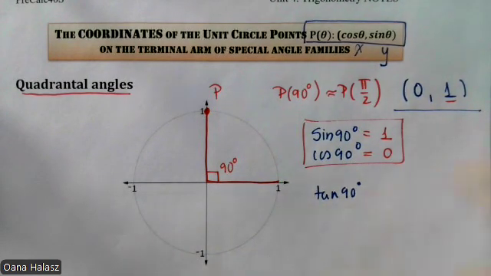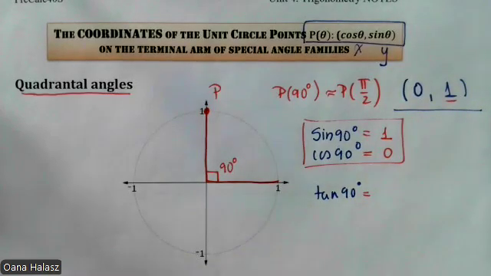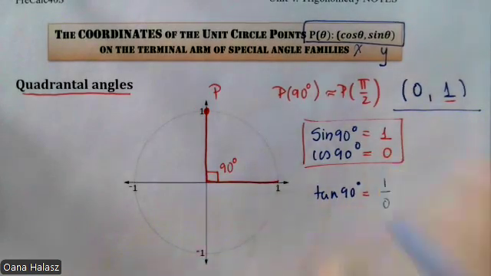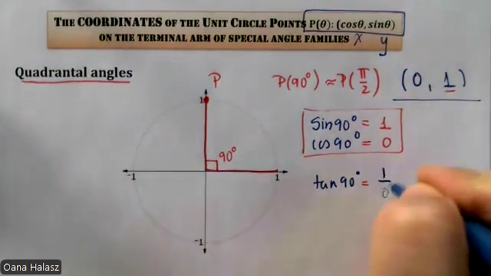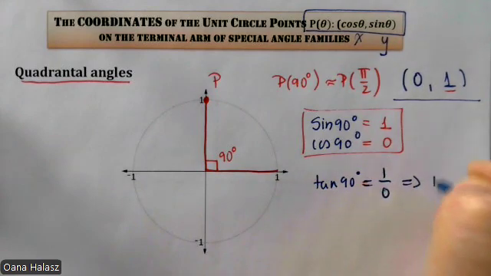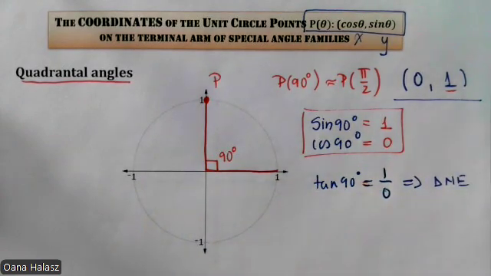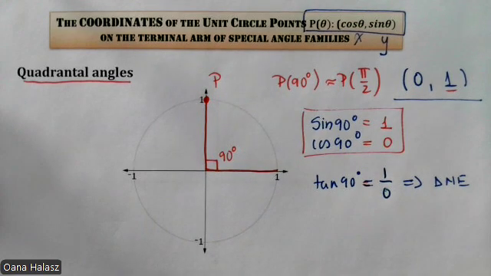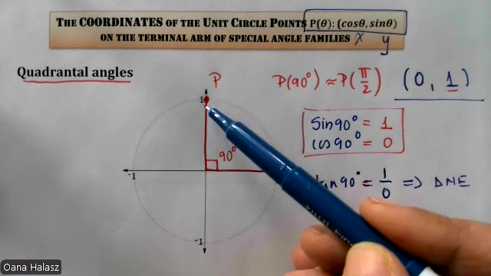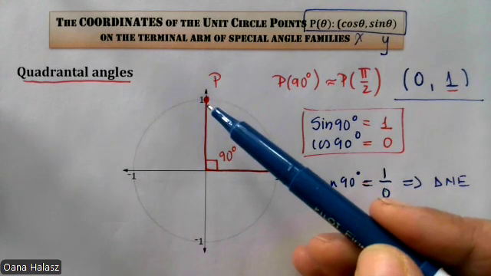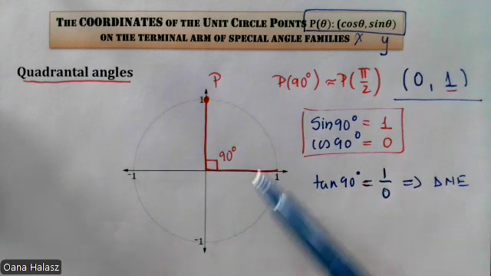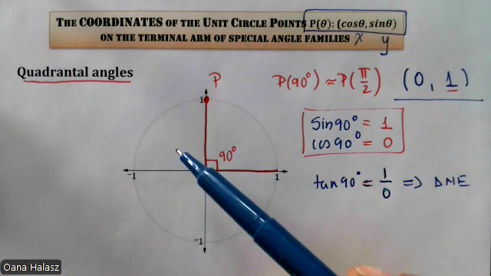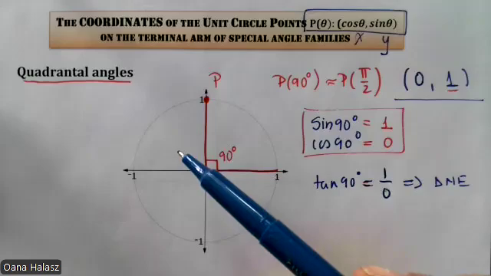Now for tangent, what you gotta do is y over x, right? So 1 over 0 does not exist, or we can say undefined, okay? Undefined. So at 90 degrees, we already know that tangent values will be undefined. But now if we take it a step further, all of the other coterminal angles with 90 degrees also will have to be excluded, right?